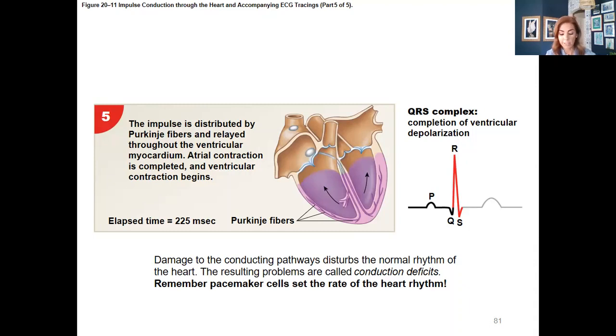So as you are going through, keep your terminology maybe written somewhere on your picture so that way you can remember depolarization is going to be leading to systole, and repolarization is going to be leading to diastole.